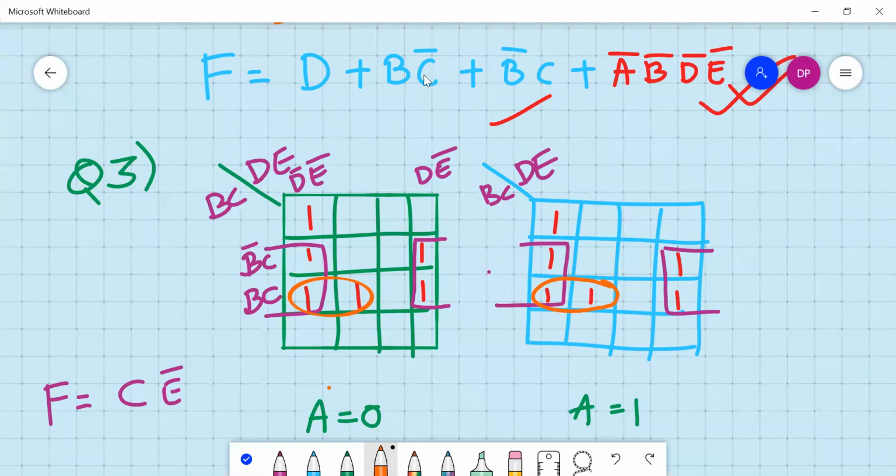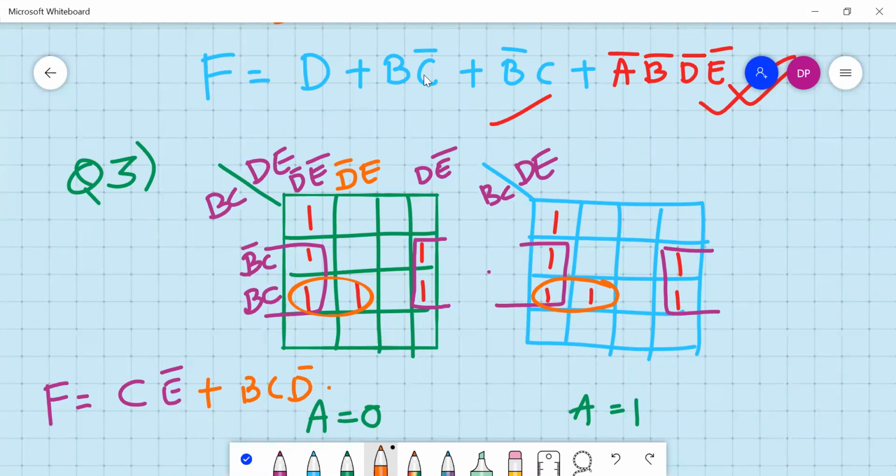Then what will you get? What terms will be common? So 4 elements taken together. So you will have, this is what, D complement E. So D complement is common. So BC is common along with D complement.